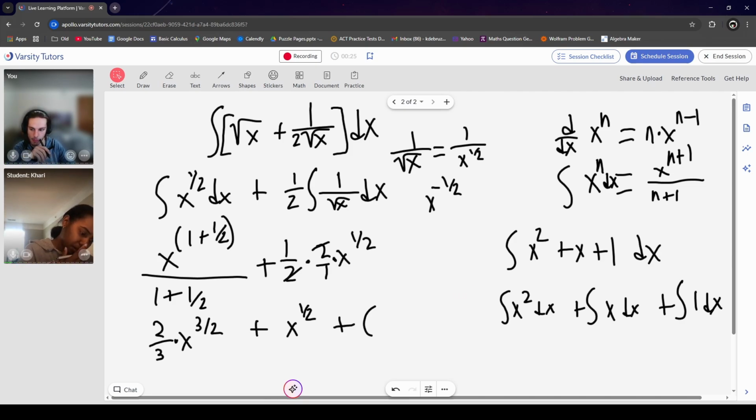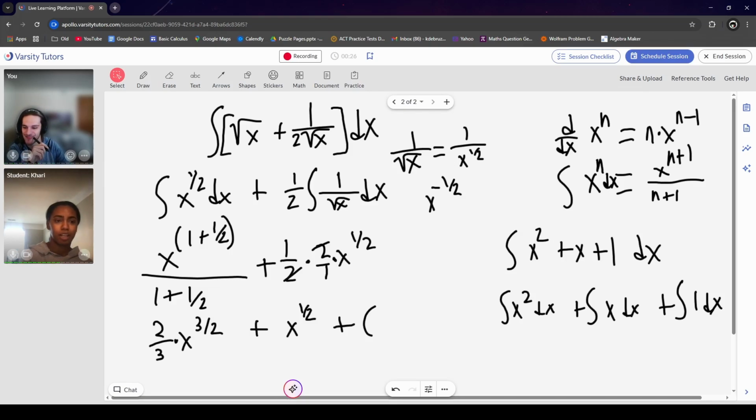I understand the steps. So a good step would be to separate the integrals, and then find their antiderivatives, and then that's it.